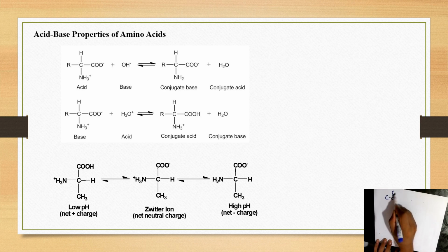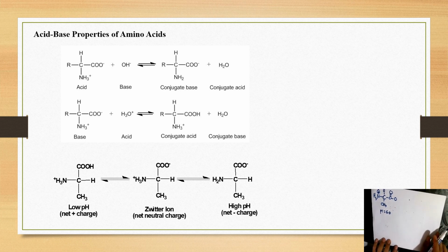Let me write again the structure of alanine. The isoelectric pH is 6.0. Now, the condition I mentioned is what happens when the pH decreases. You add a strong acid or any acid.